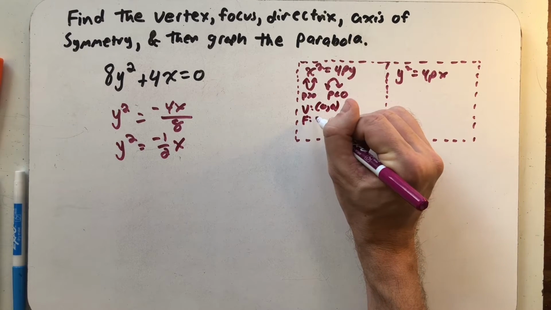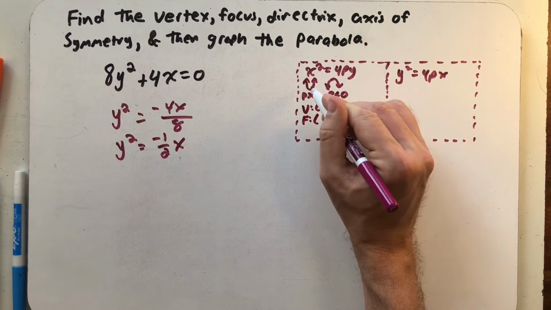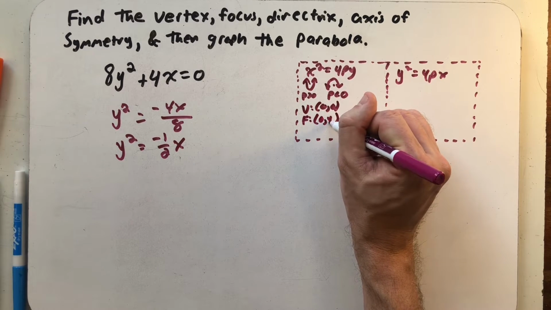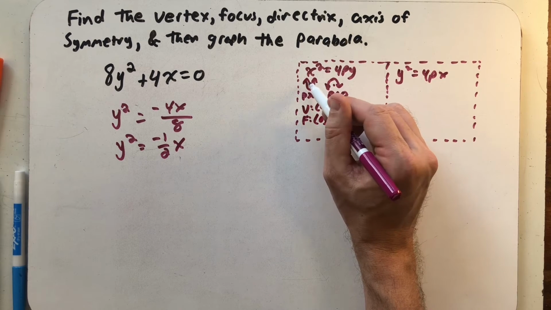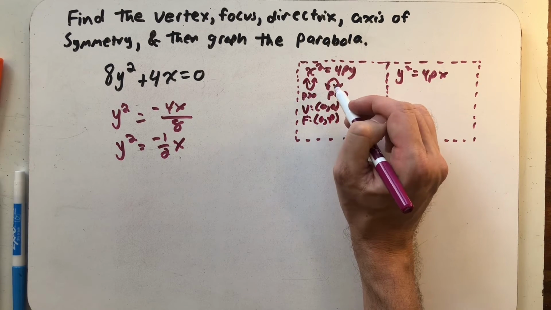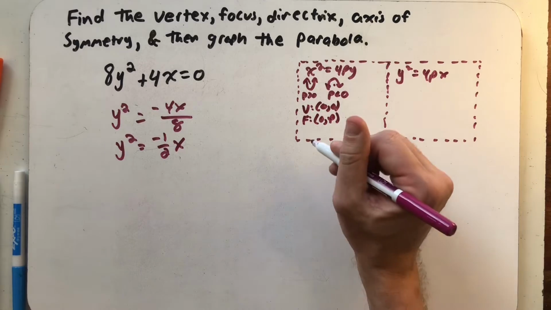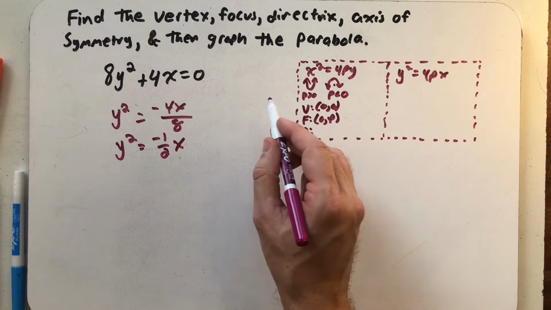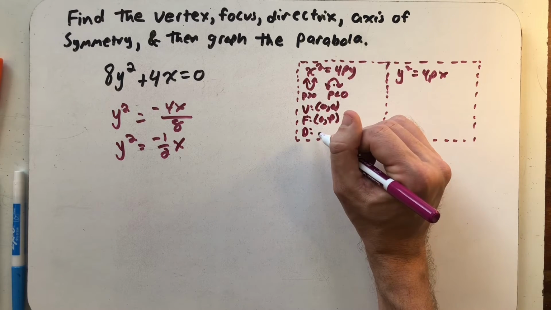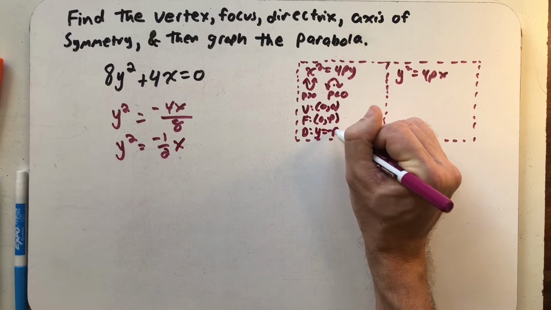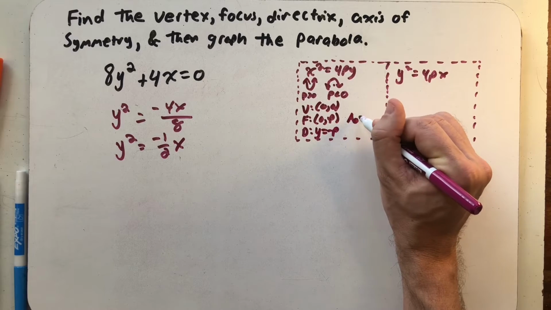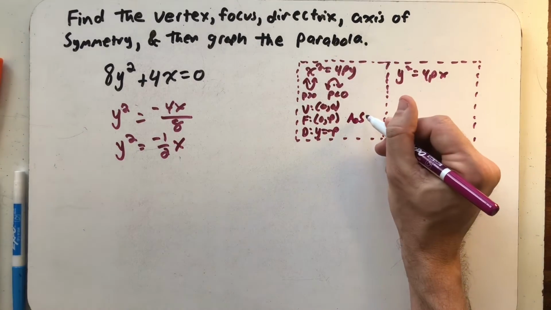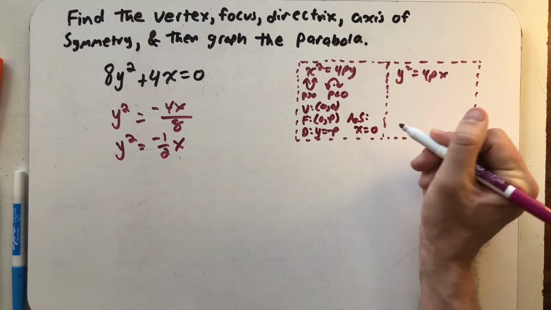My focus is p units away from the vertex, so here it's either up or down, at 0 comma p. If p is positive, it's above, and if p is negative, my focus is below my vertex. My directrix is a horizontal line, y equals the opposite of p. And the axis of symmetry would be the y-axis with a vertex at the origin, and that's the equation x equals 0.